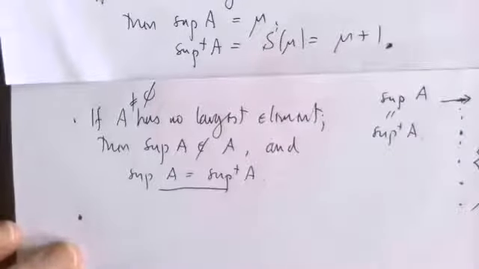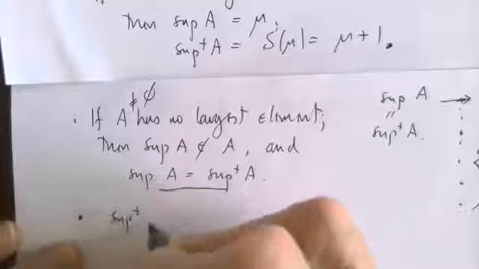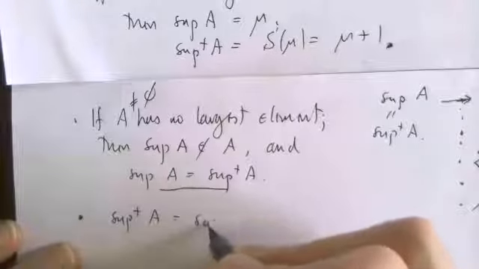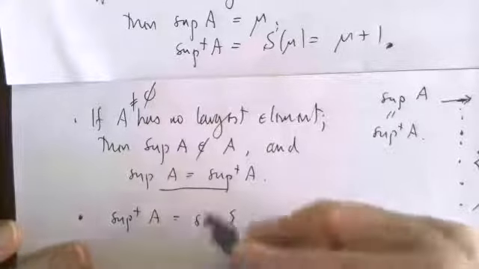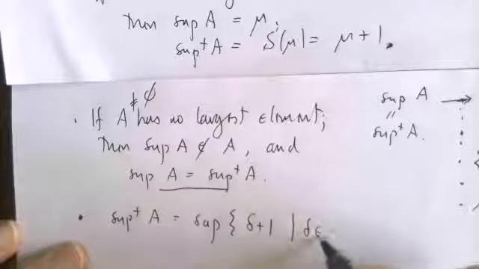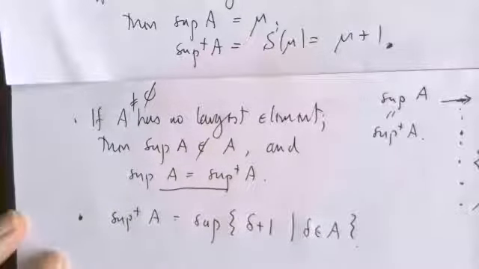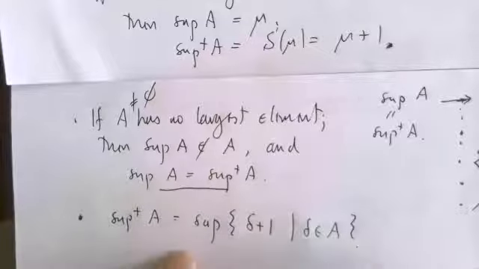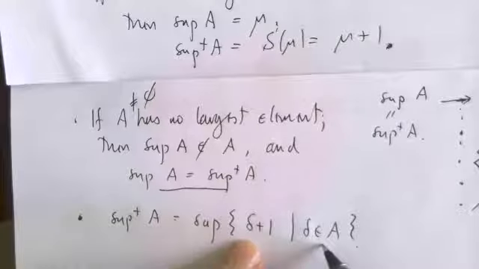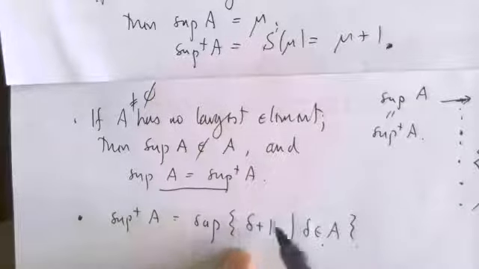So another way of thinking of the strict sup here is strict sup of A is the same as the supremum of all the successors of the things in A. The point is each one of these is bigger than this thing in A. So if I look at the least ordinal that's greater than or equal to all of these, actually it's the least ordinal that's strictly greater than the things in A, which is what this says.